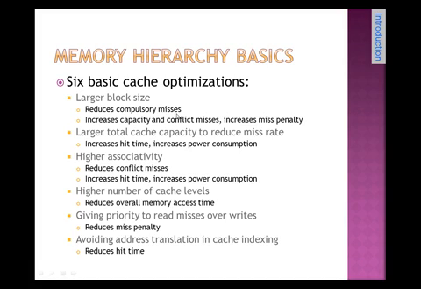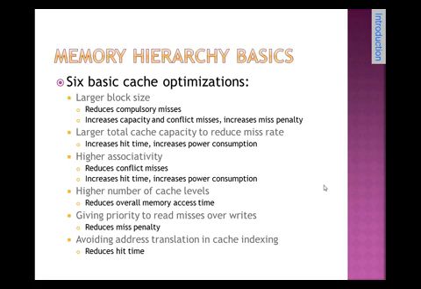This is how we can optimize the cache memory. It reduces the compulsory misses, but increases the capacity and conflict misses and increases the miss penalty. Then a larger total cache capacity reduces the miss rate. That is how we can optimize the cache memory so that data will be fetched by the CPU efficiently and effectively.